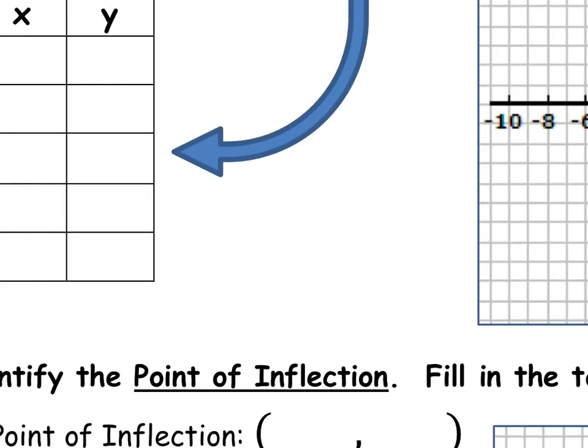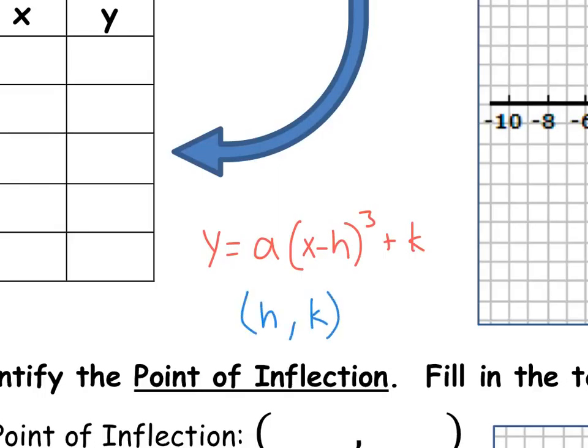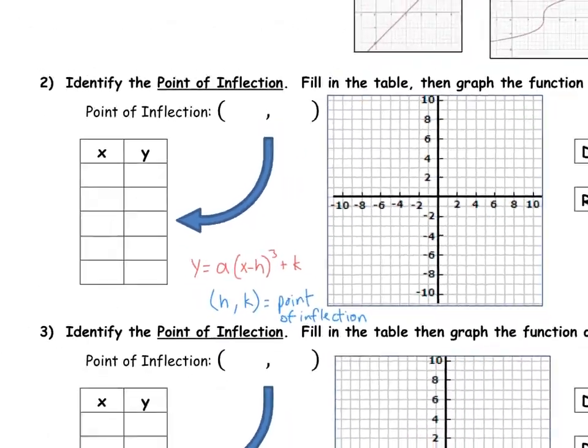And that general form is y equals a times (x minus h) cubed plus k, where h comma k is the point of inflection, and h describes the shift left and right, k describes the shift up and down, and a describes whether or not there's a reflection over the x-axis.